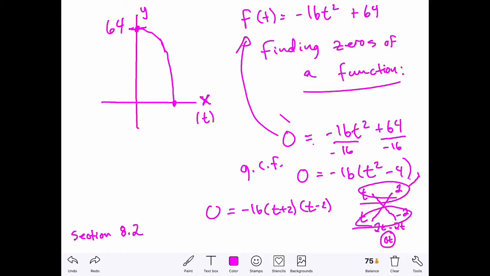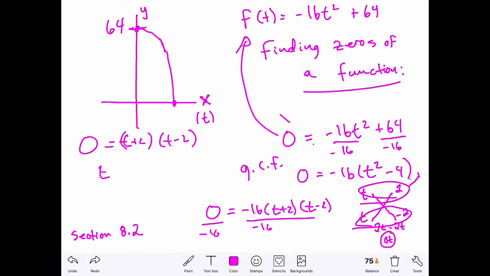And remember, in situations like this where we had it equal to 0, we could set our two factors equal to 0. Of course, any constant out front like that minus 16 we divide out. So 0 equals t plus 2 and t minus 2.